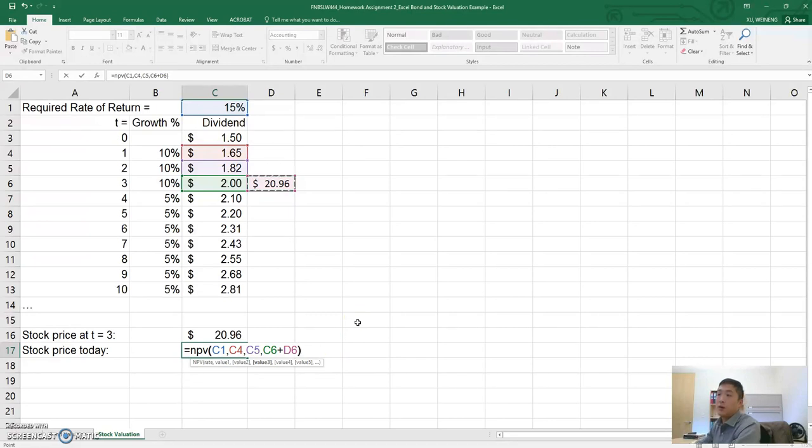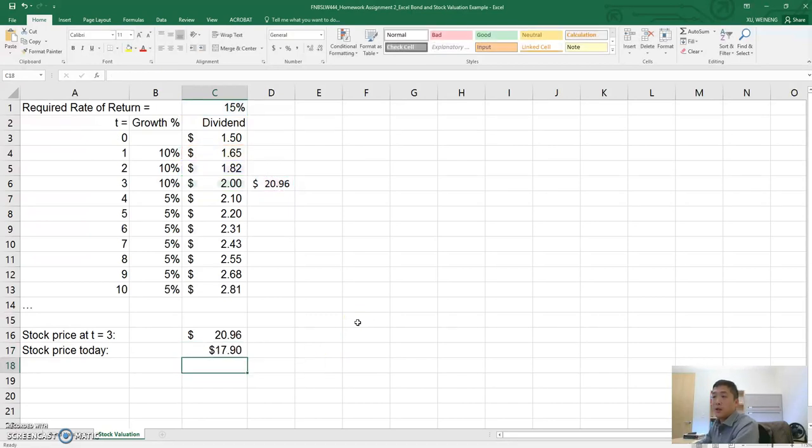So we can close the parenthesis and press enter, and Excel will tell us the value of this sequence of cash flow is $17.90.